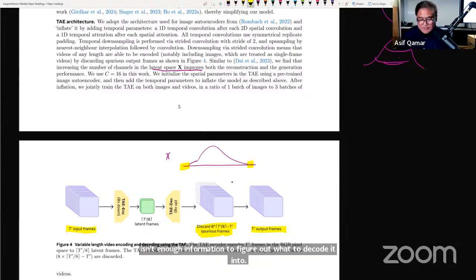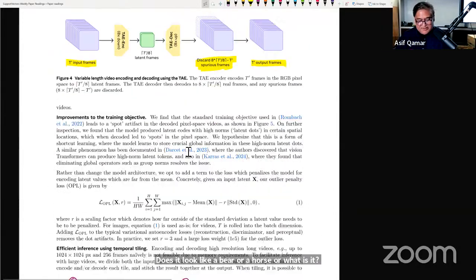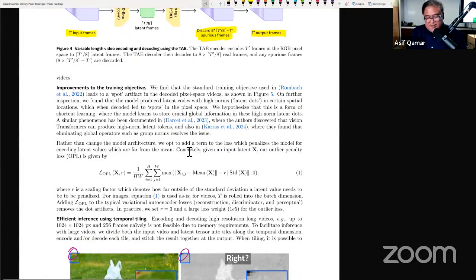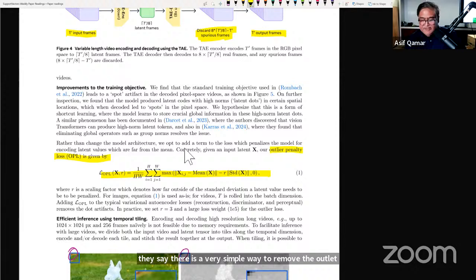So they say there is a very simple way to remove the outlier. You introduce an outlier penalty loss, which basically, let's decode it and see what it means. What is this term? This is the departure from the mean.